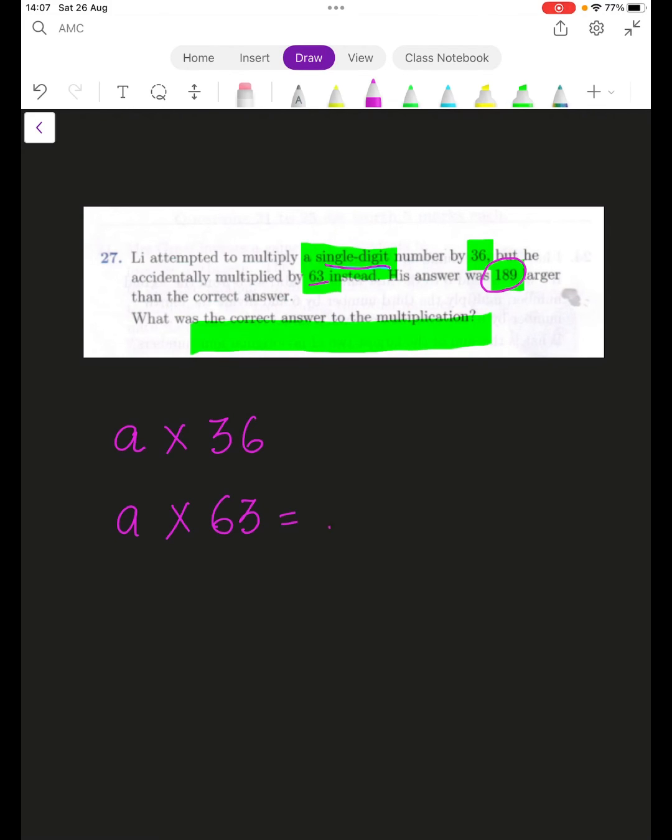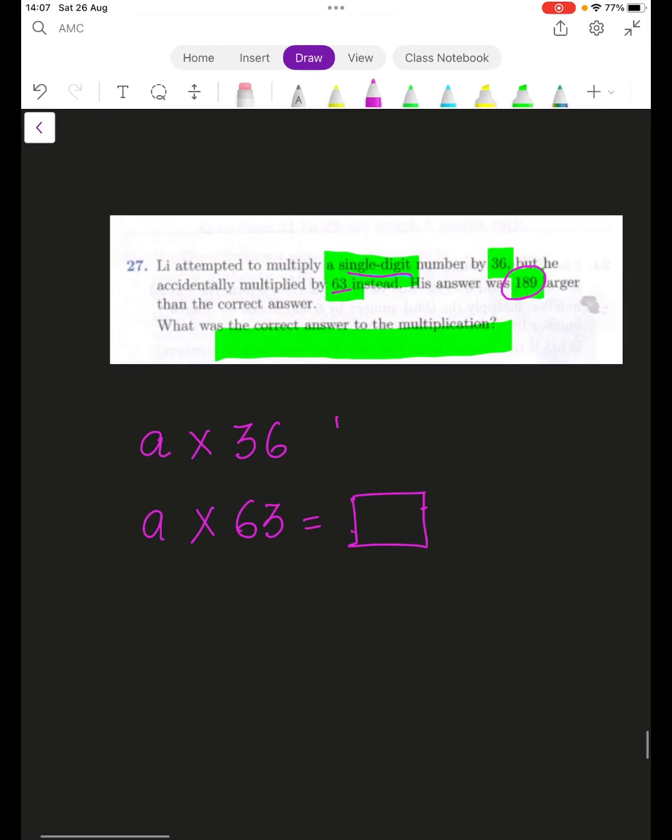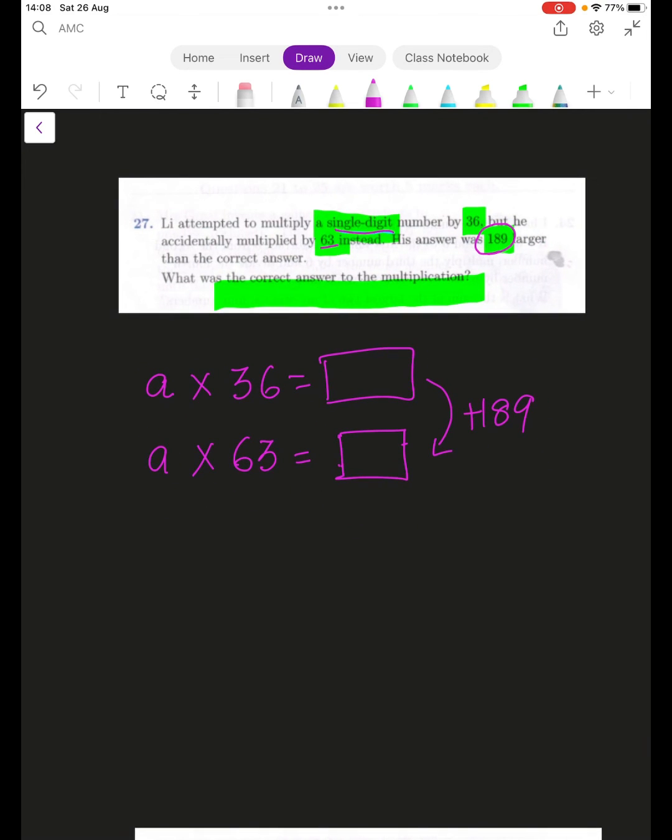And we know that the answer that he got was actually 189 larger. So whatever the answer here he got, this was 189 more than this, whatever answer was supposed to be.